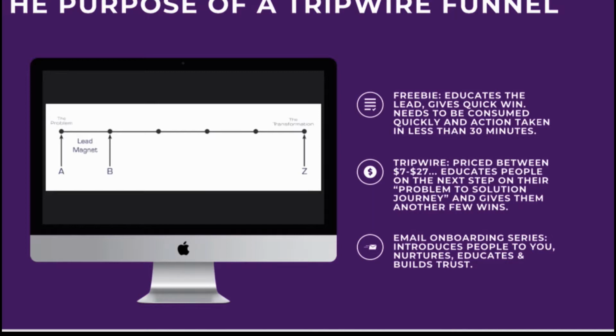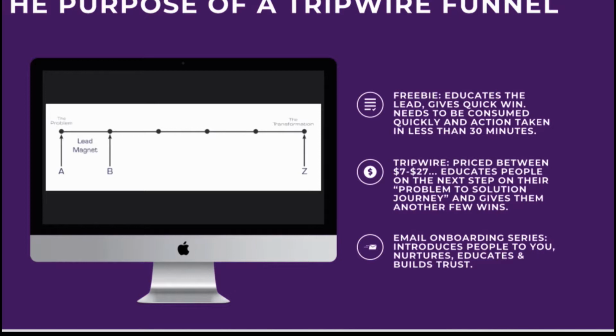So we're gonna look at how this looks like now. So the purpose of a tripwire funnel is to take people from a problem one step closer to the transformation that you provide to clients if they pay you to work with you one-on-one or in a high-end program.